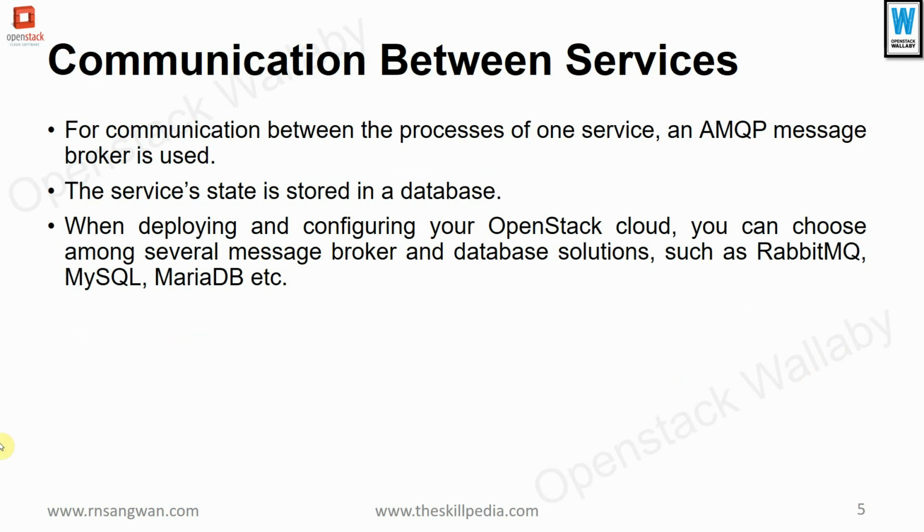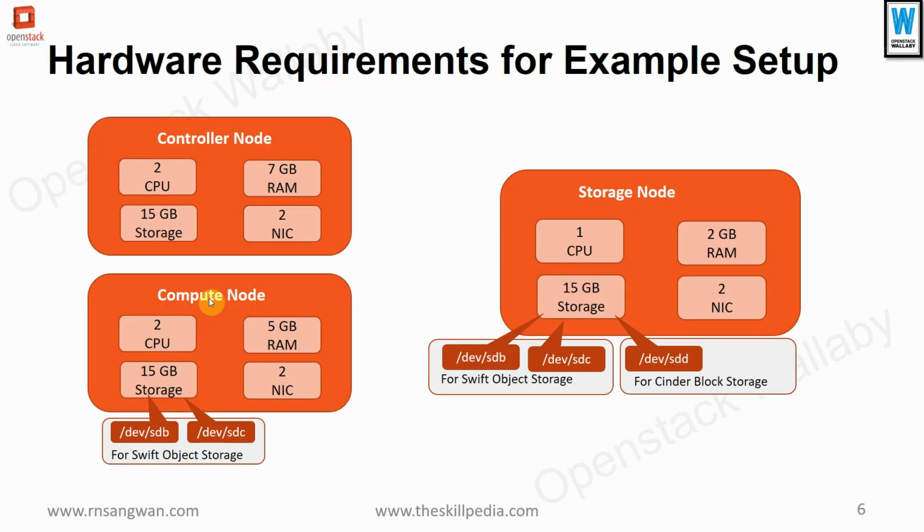For communication between the processes, a message queue service, a message broker, is used. The service state is stored in a database. When deploying and configuring your OpenStack cloud, you can choose among several message broker and database solutions, such as RabbitMQ, MySQL or MariaDB. I'm talking about message broker and database solutions.